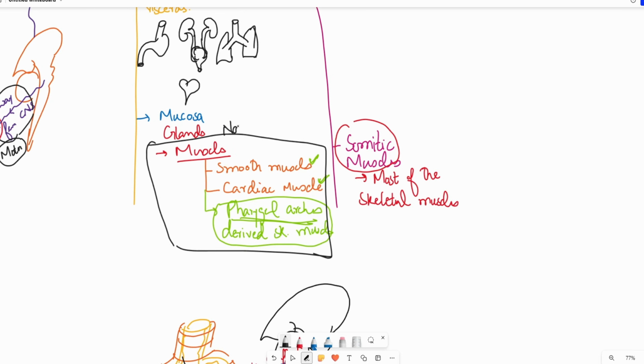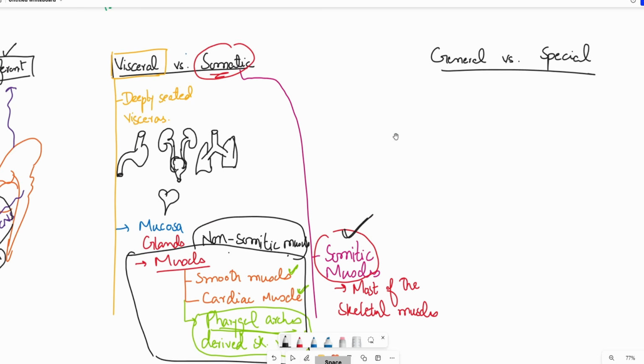So we can very simply and categorically say that non-somatic muscles are innervated by visceral nerve fibers, and somatic muscles are innervated by somatic nerve fibers. It's very easy to understand, isn't it?